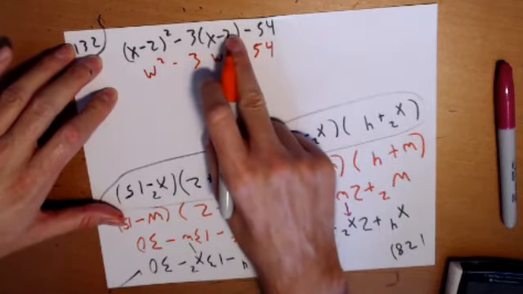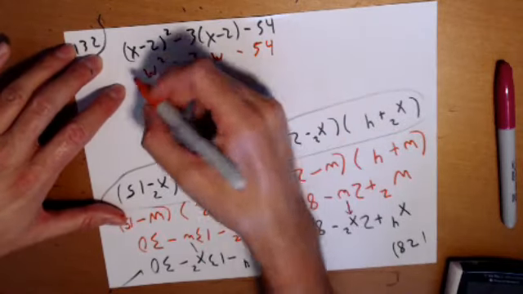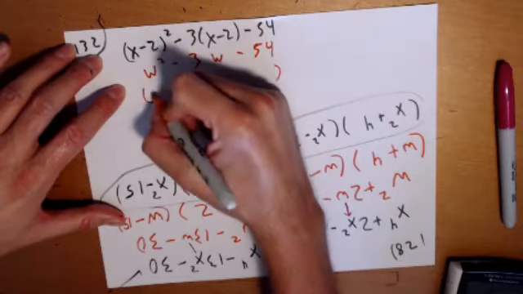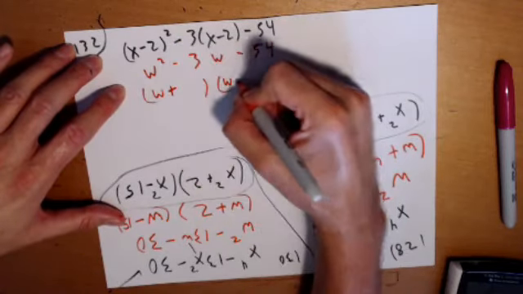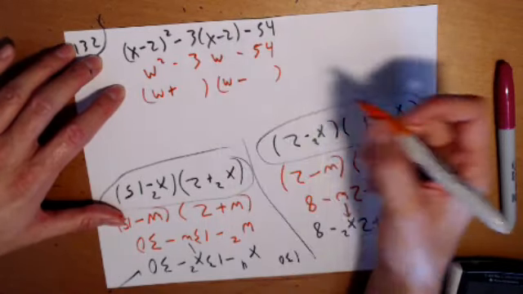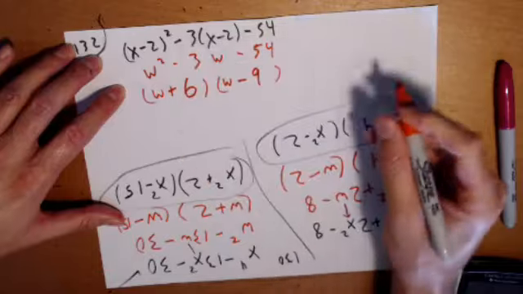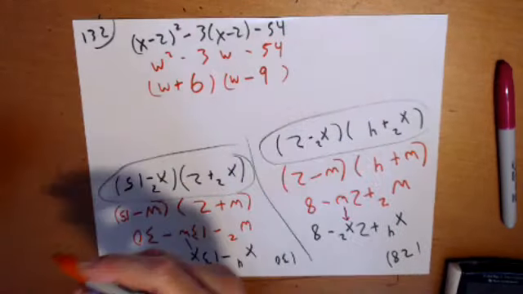Because w is just x minus 2. W squared is x minus 2 squared. And this I know how to factor. W, signs are different. Plus, minus, and the bigger guy is negative. 6 times 9 is 54, you get a negative 3, so negative 9, positive 6. Double check. Multiply them, negative 54, add them, negative 3, boom.